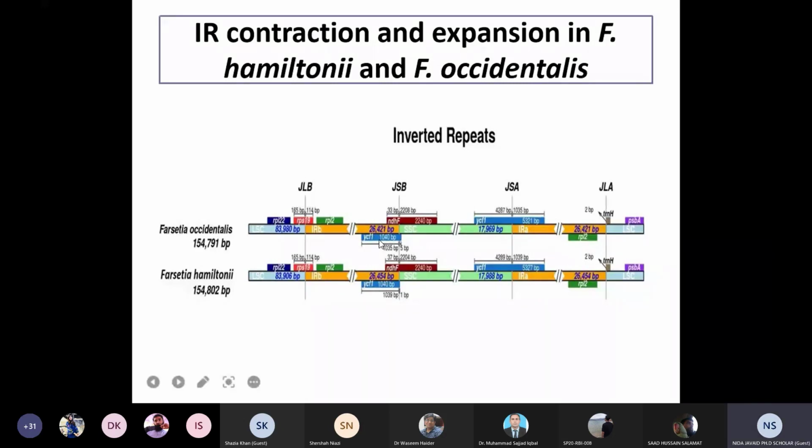The four junctions share the same genes in both species. Here is the rps19. You may see the rps19 in Farsetia hamiltonii like this, and ndhF and ndhF. All the genes which exist on the junctions are similar in both species.